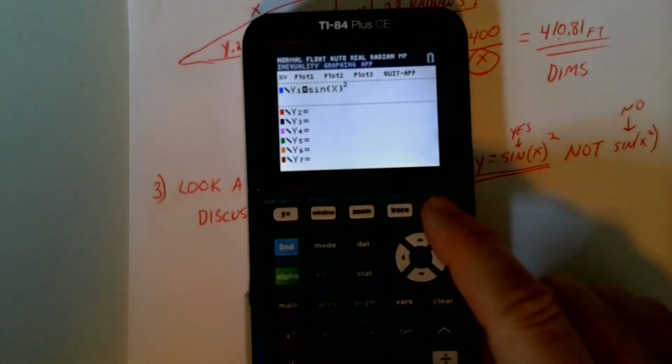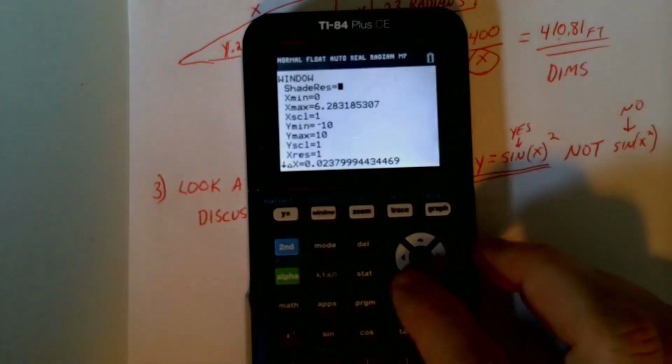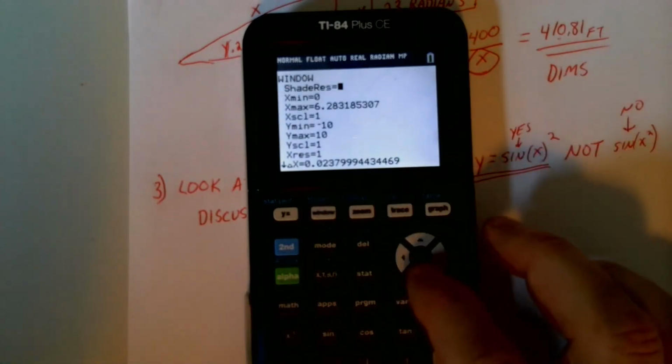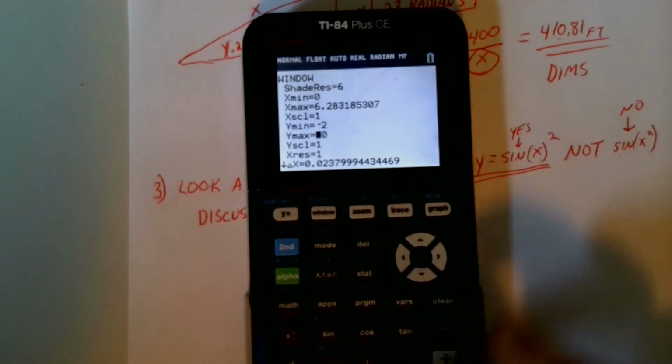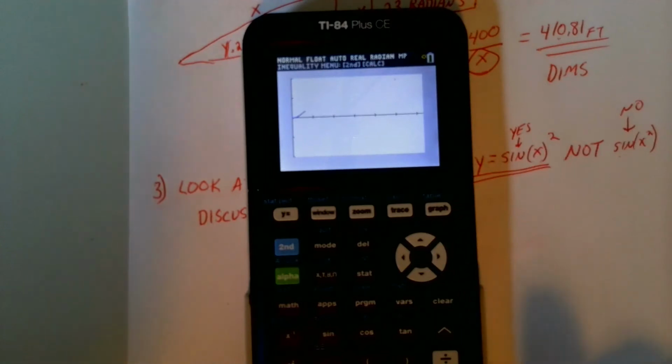So let's do sine squared x just like this, and I go ahead and my window. Let's make the y min -2 and the y max 2, and we'll go ahead and graph there. So you can see that when I've squared it, and I hope this makes sense, all the things that were positive are positive, and all the things that were negative are now positive.